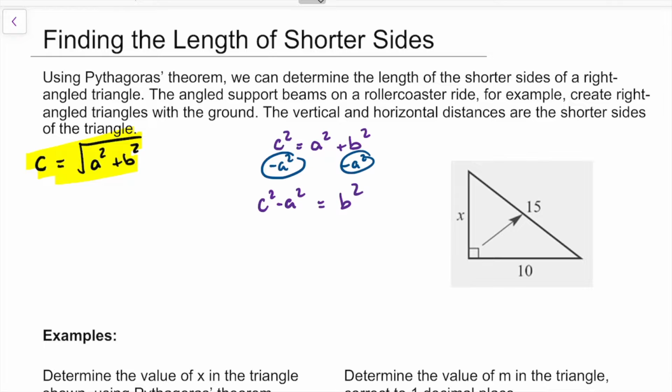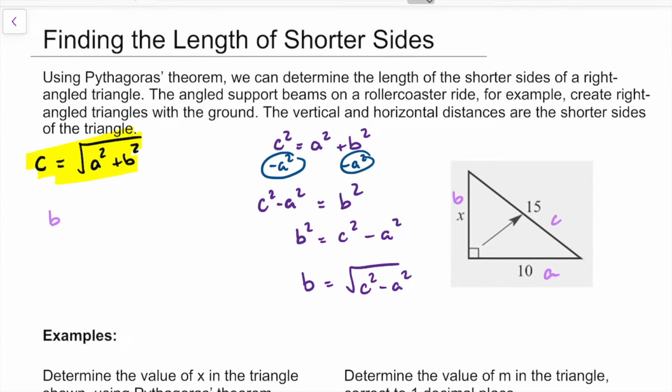Now if we write that a little bit nicer, it looks like this. But what we're actually going to be doing, if we link it to the previous video, is b is just your unknown side and a is the one you know. So if we look at our example over here, here's our b, here's our a, here's our c.